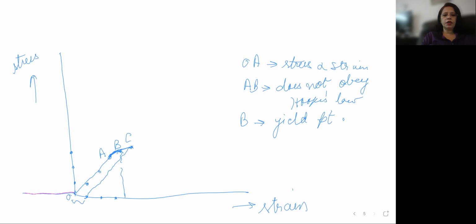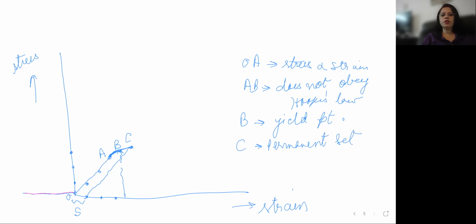The setting between the atoms has been changed. So this is the permanent set. It has been elongated by a certain distance S. So at C, there is permanent set.